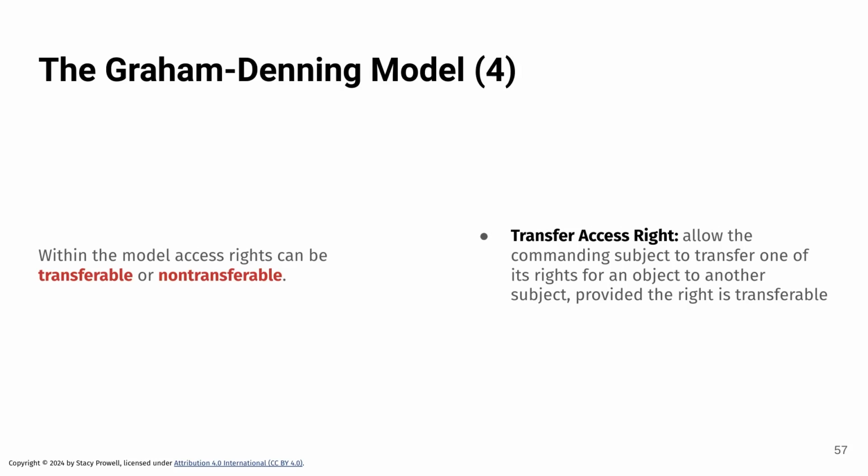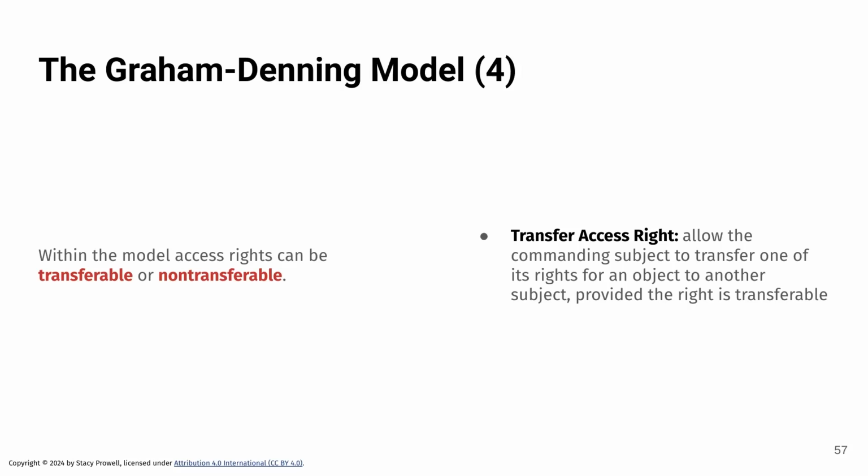Within the Graham-Denning model, some rights can be marked as transferable. So I could have the right to read a file, or I could have the right to read a file and it's also a transferable right. And that gives me this protection right over here, which is transfer access. This allows the person executing the command to transfer one of its rights to another subject, provided that right is in fact transferable.